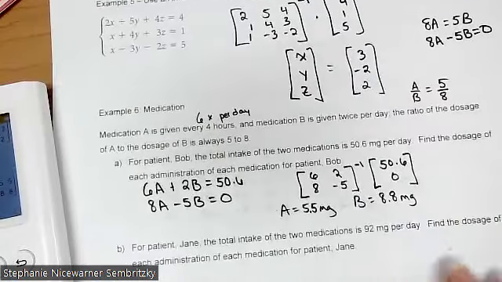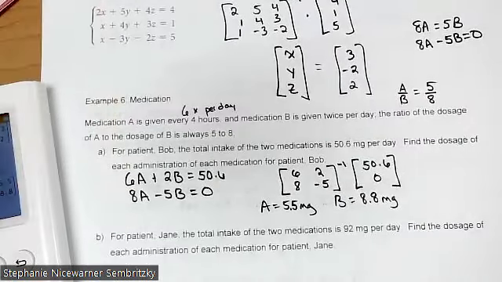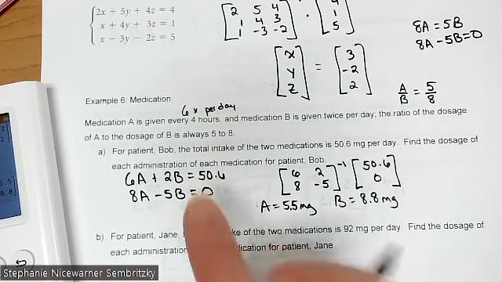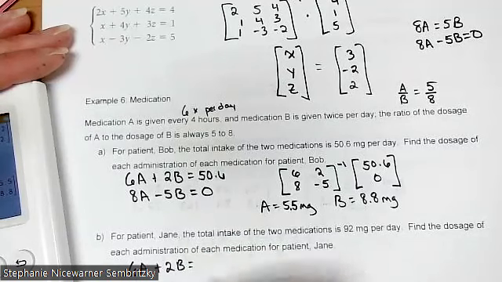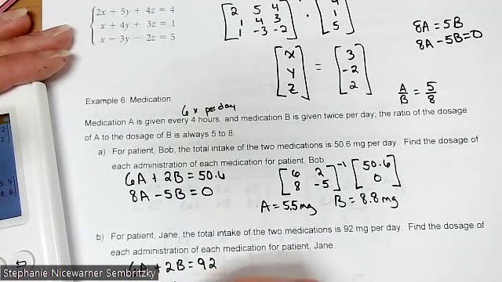For patient Jane, the total intake of the 2 medications is 92. Find the dosage of each administration. So all we're changing is 92 for the 50.6. So 6A plus 2B equals 92 this time. They're still in the same ratio.